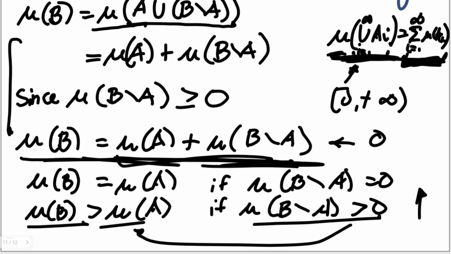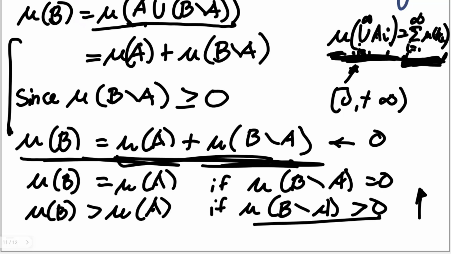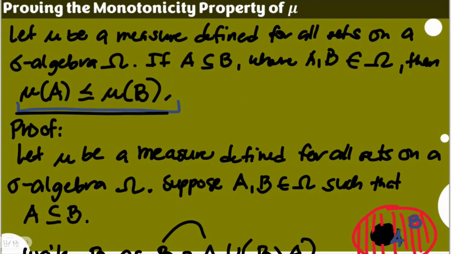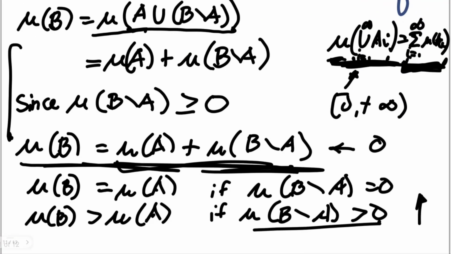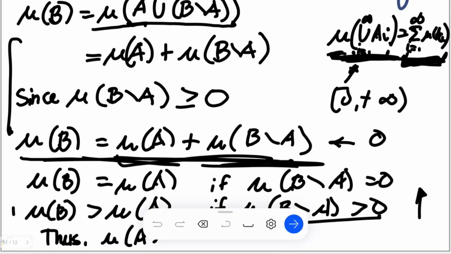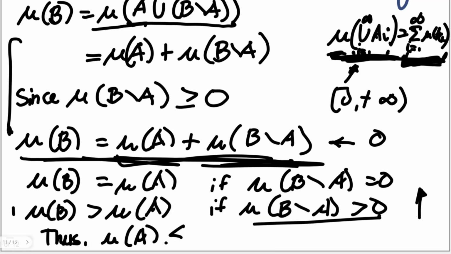So what does this imply? We could have this relationship now based on our target here: the mu of A is less than or equal to the mu of B.